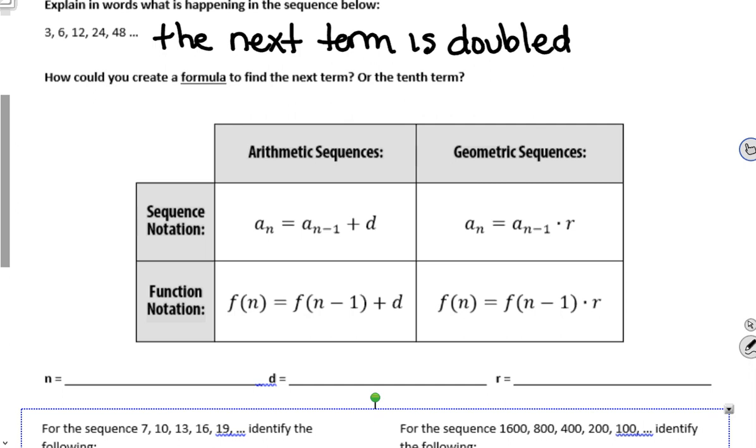Okay, so f of n is the range, the term of the sequence, and n is the position, or where it's at, the domain of the sequence. So this f of n stands for the range, and n in the function stands for my domain. We're just carrying on with what we've been talking about.